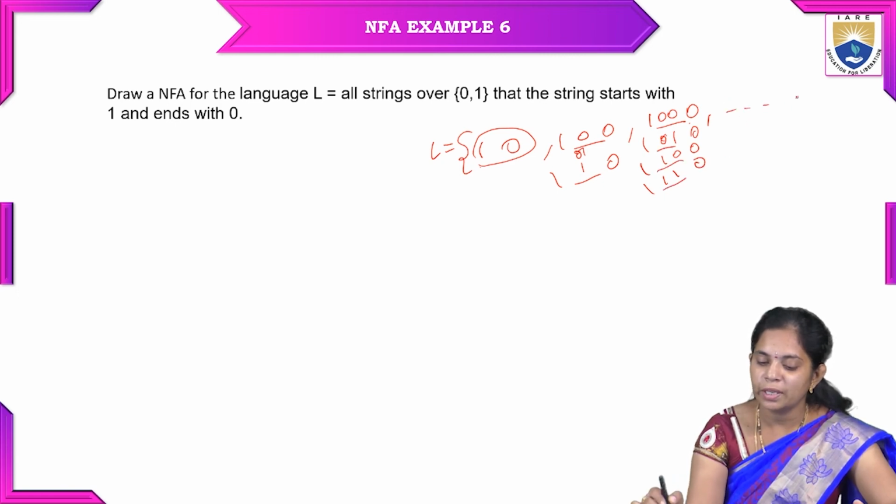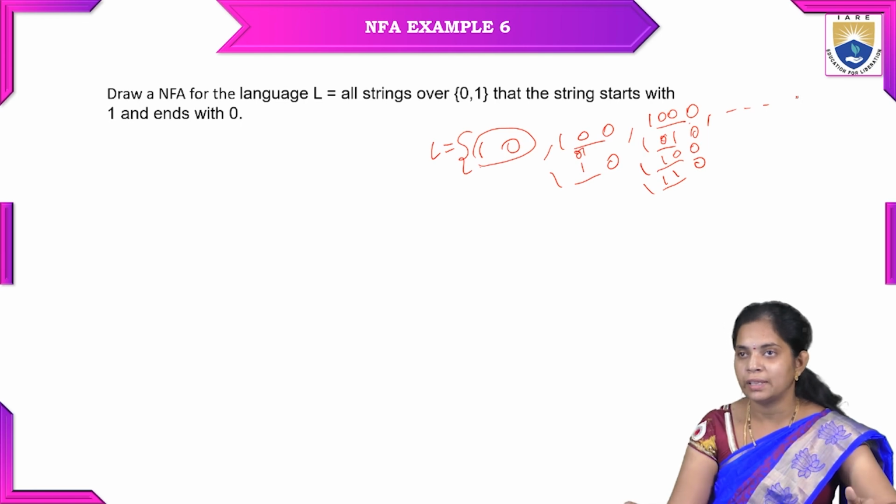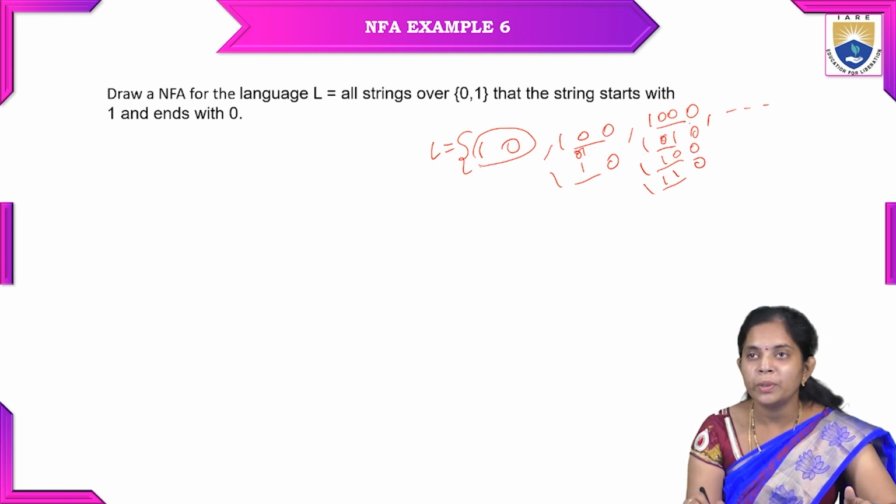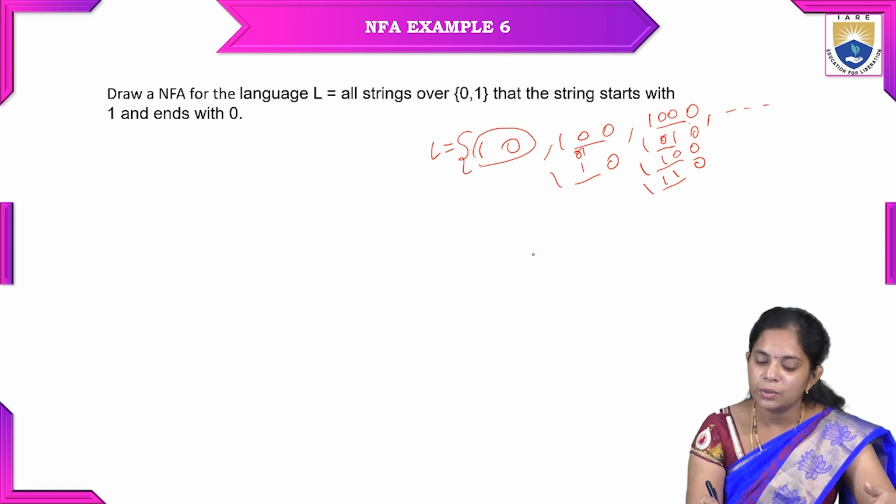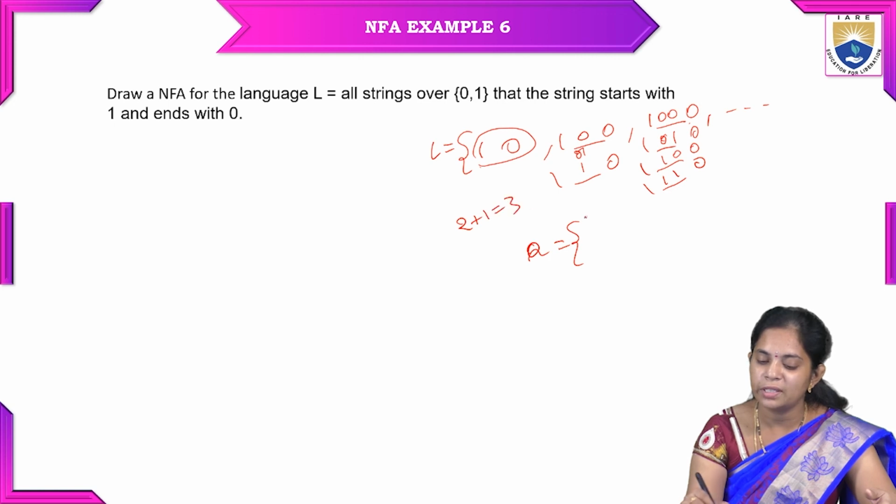So how many states do we require for this NFA construction? The minimum length is 2, 2 plus 1, so we require 3 states.